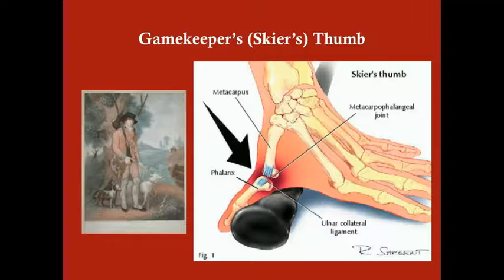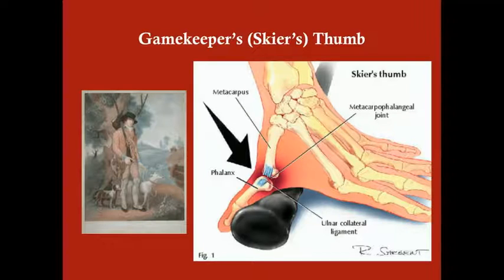So briefly, I want to talk about some of the anatomy here. So here's the first metacarpal, and the first metacarpal is stabilized to the proximal phalanx by a number of ligaments, but two of the most important ones are the ulnar collateral ligament and the radial collateral ligament.